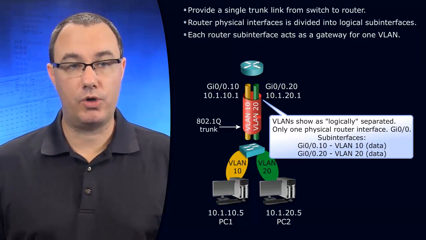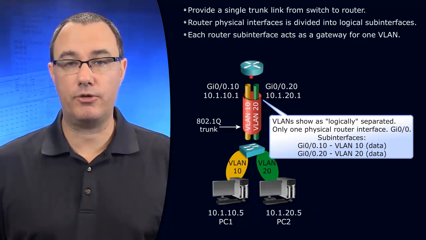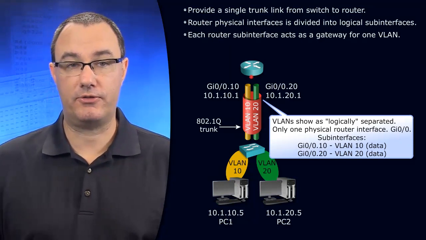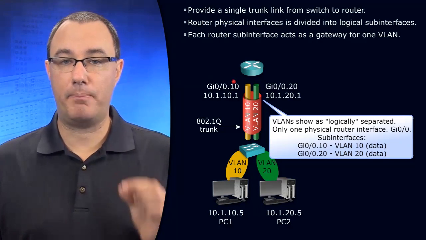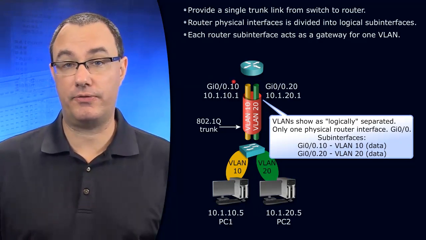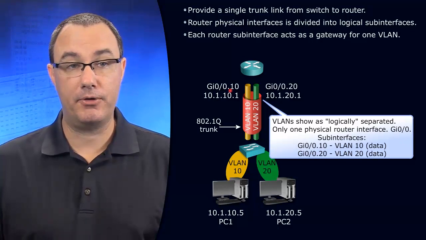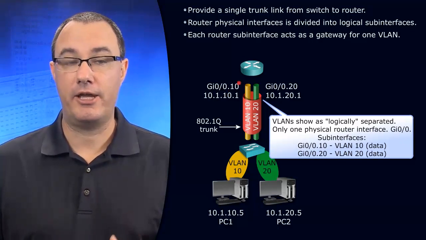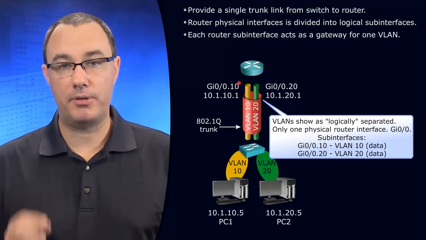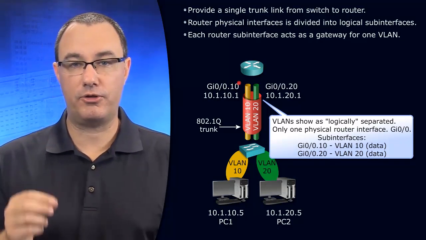You carve up the singular physical interface on the router with sub-interfaces. Anytime you see a period in Cisco interface annotation, it even carries to other devices beyond routers. The period denotes a sub-interface. It means this is another logical configuration applied to this physical construct.